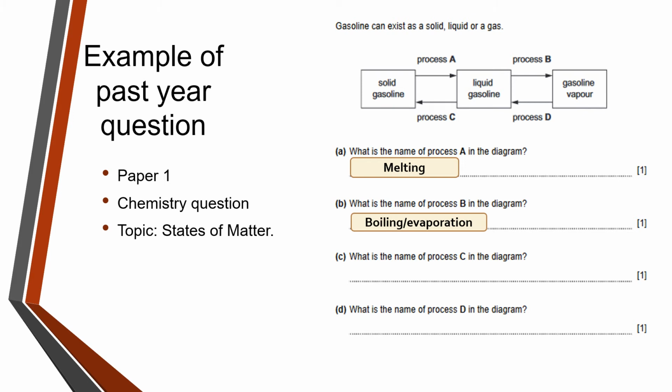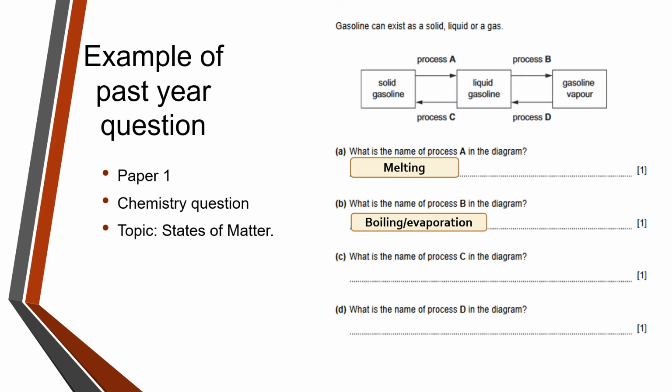Next, question C. What is the name of process C in the diagram? Where is process C? Over here. I would strongly encourage students to read the questions carefully and look at the diagrams carefully, because usually we look at process A, process B, and when we come to the next one, we take it as the process from gasoline vapor going into liquid.